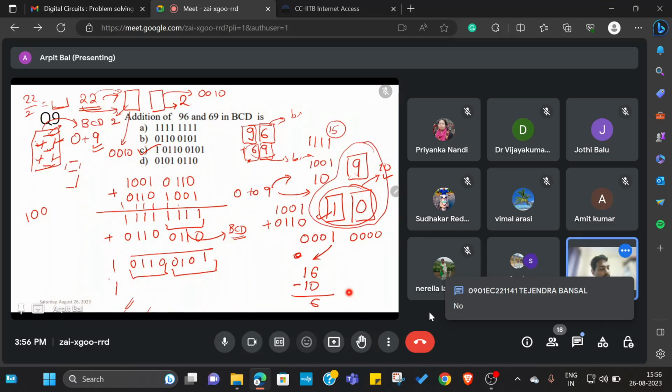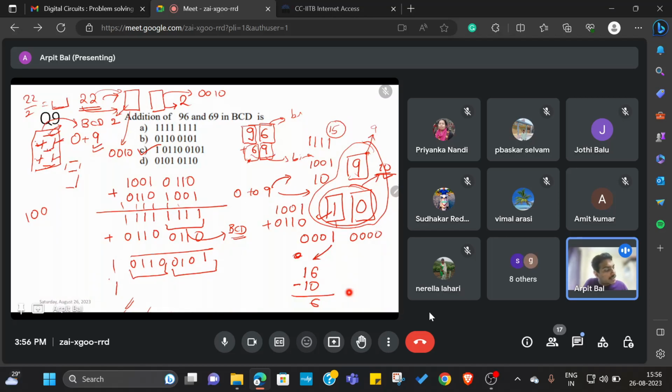That's a very good question someone asked: why exactly 6, why not any other number? I tried to explain it using this analogy. Let's say there is a BCD number 9. In decimal, the next number would have been 10, but in BCD it is 1 and 0.